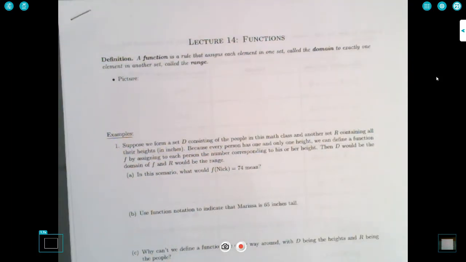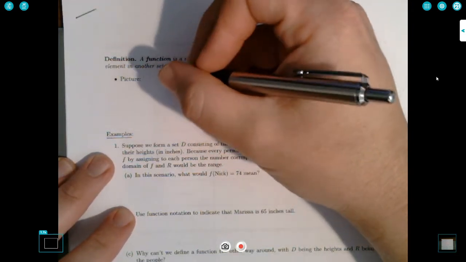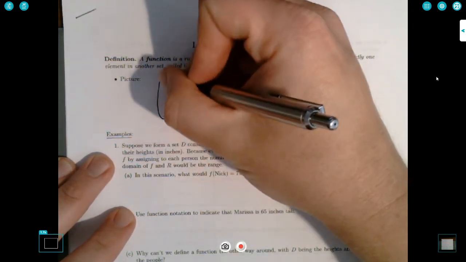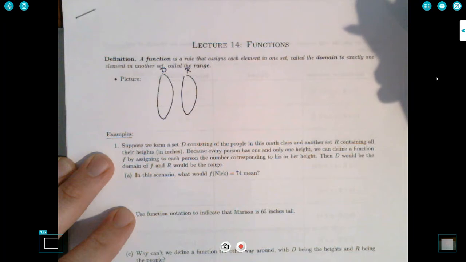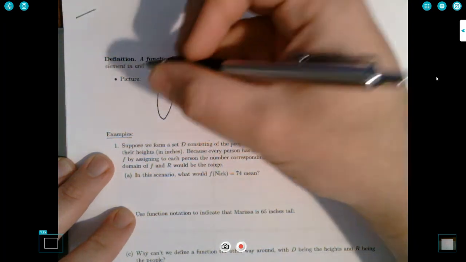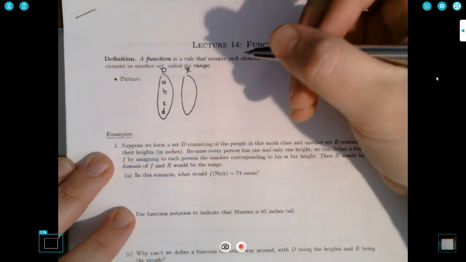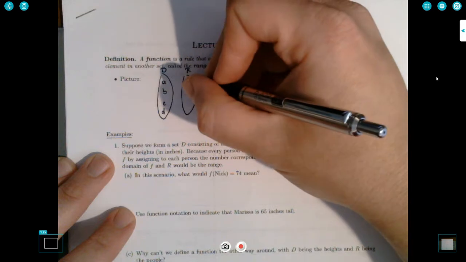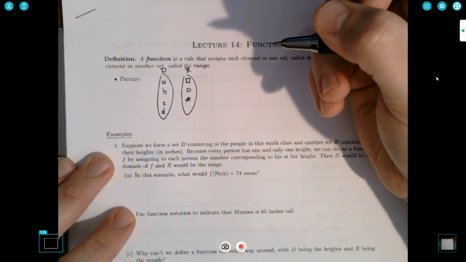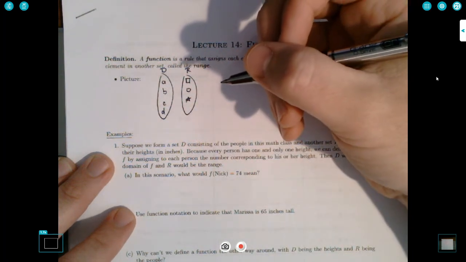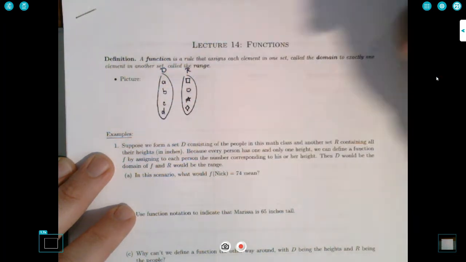So here are some pictures to kind of show you what a function is, okay, and what it's not. So if this is your domain and this is your range, maybe your domain is made up of the letters A, B, C, D, and your range is made up of the symbols square, circle, star, and a diamond, right?